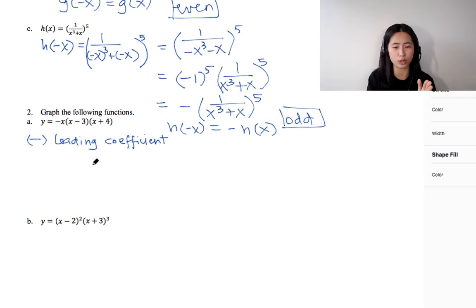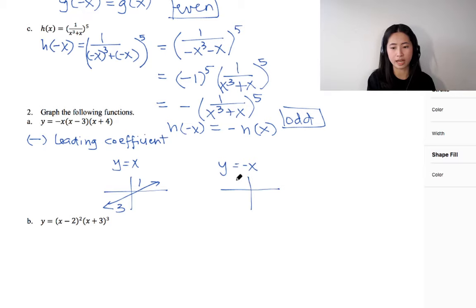For example, if you're looking at a linear function, y is equal to x versus y is equal to negative x. We know that if it's y is equal to x, your line is passing through quadrant 1 and quadrant 3, because this is quadrant 1, 2, 3, 4.